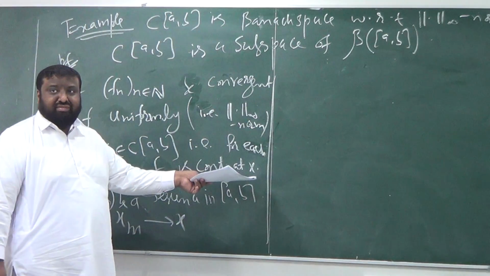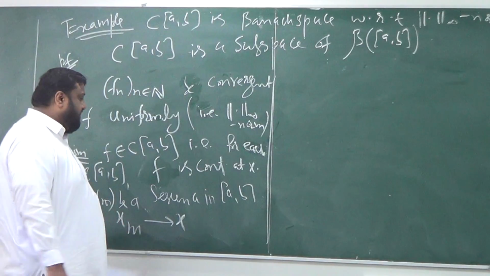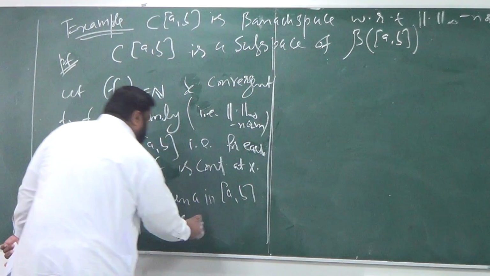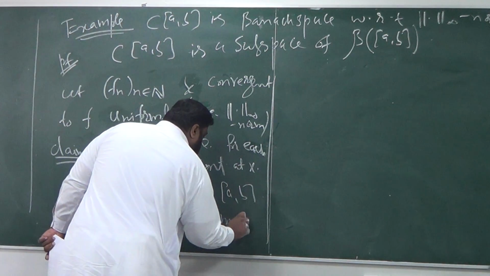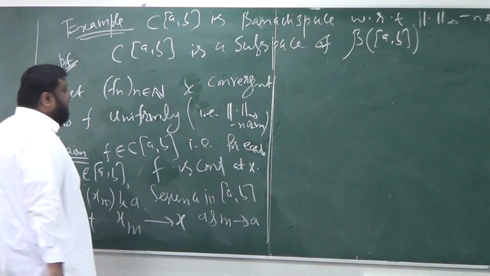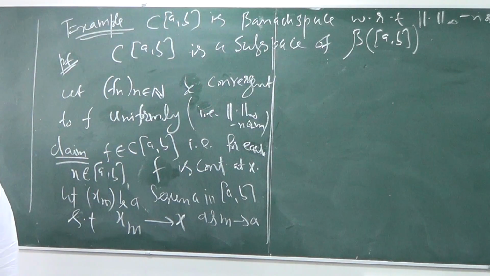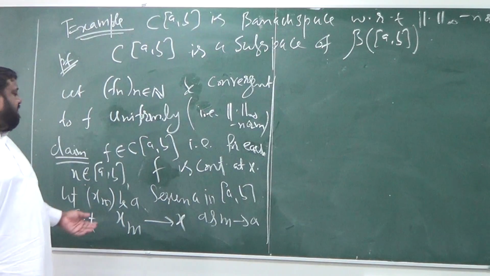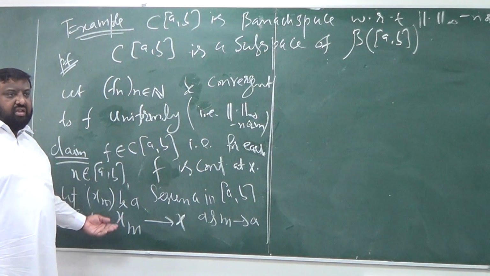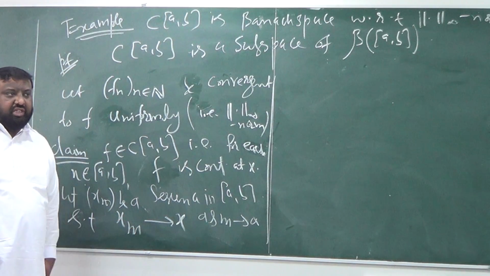This x is fixed as m goes to infinity. And we want to show that if you map this sequence under f, you still have this convergence.